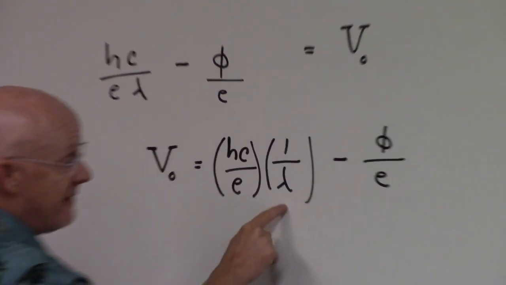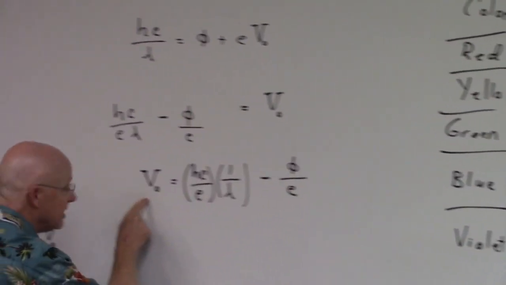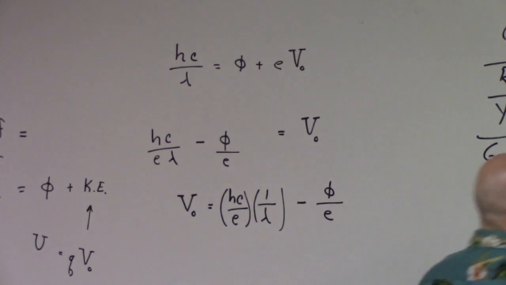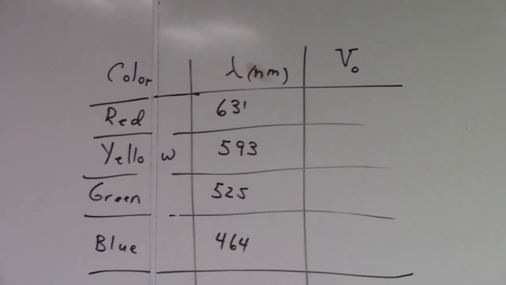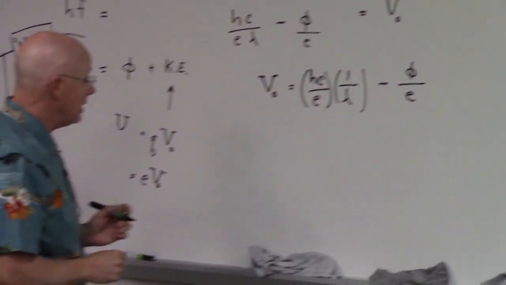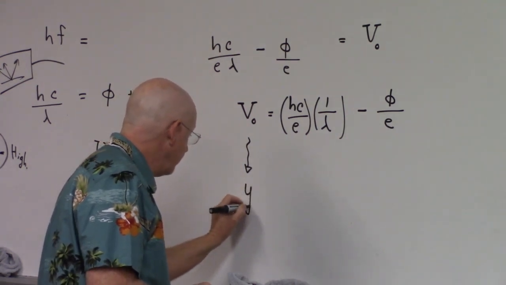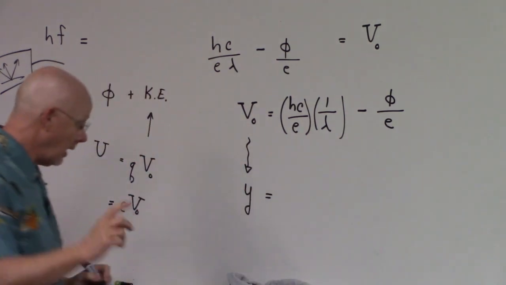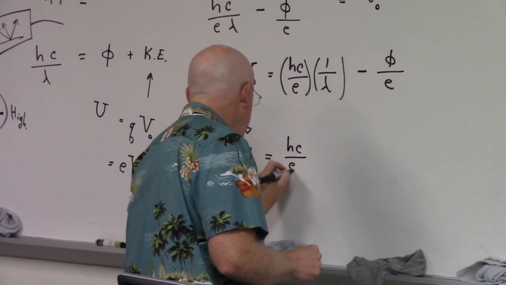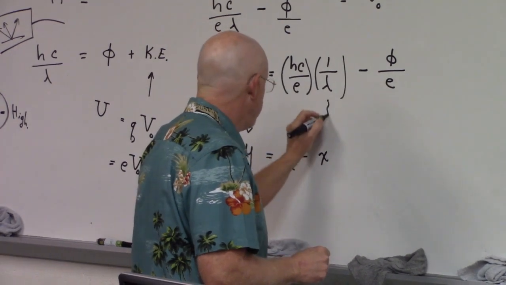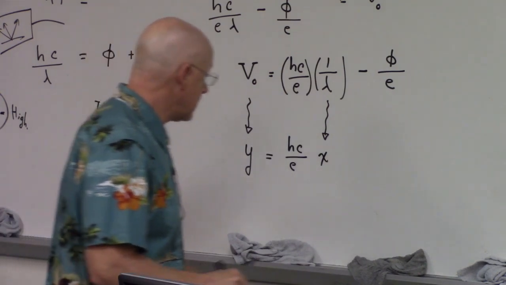You will see wavelength in this equation. Okay, good, we've got wavelength. And you will see stopping potential, which is what we're about to find. And so our little experiment is we are going to plot the stopping voltage on the y-axis, and we are going to plot the reciprocal of the wavelength on the x-axis.